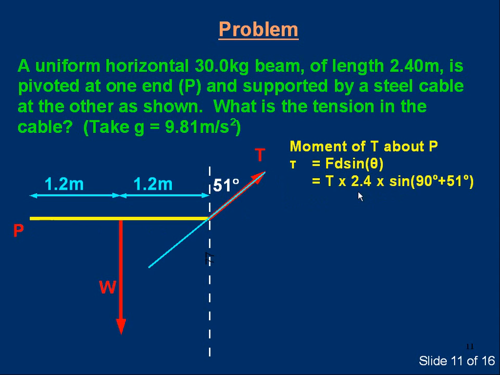And the angle has got to be the angle between this yellow line and the line of action of the force. Hope you can see it's 51 plus 90. That's the full angle. So it's sine of 90 plus 51. If we simplify that a bit, we can write it as 2.4 T sine 141.